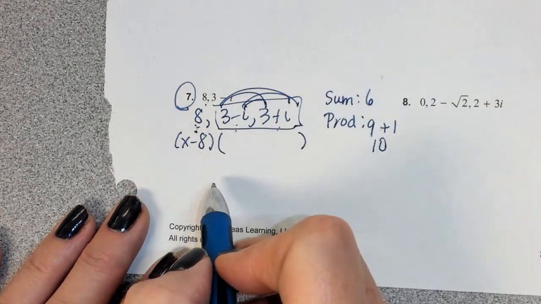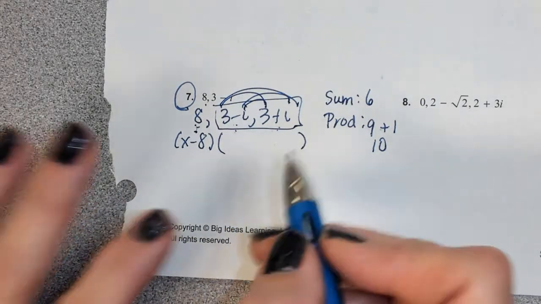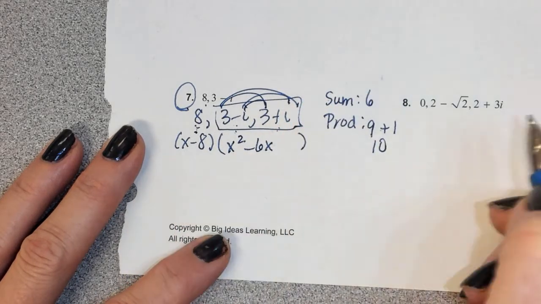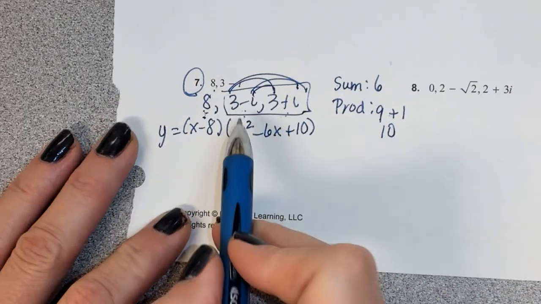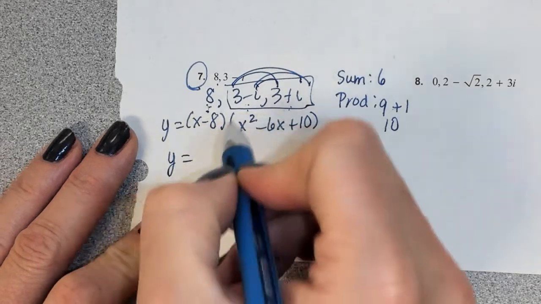Anybody tell me what that quadratic would be then? Go ahead. Then what? Good job. So that's going to be our function then. That's going to have those solutions. So now I'm going to have to multiply it out.